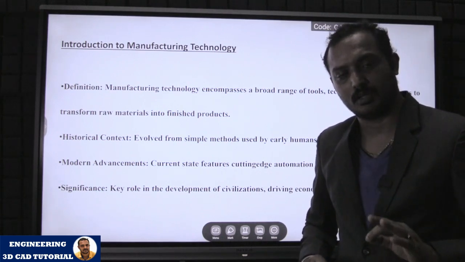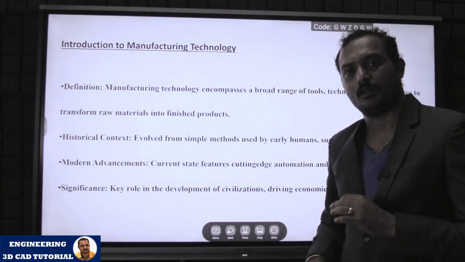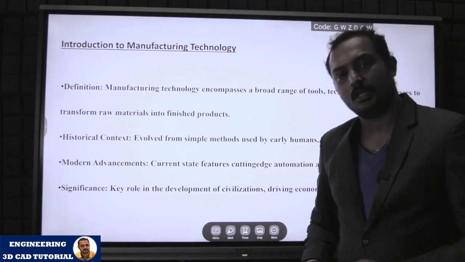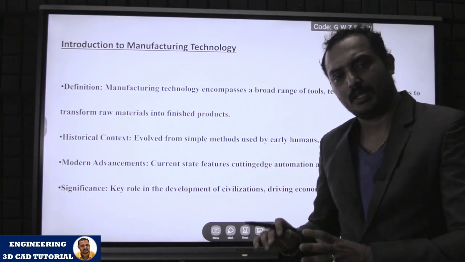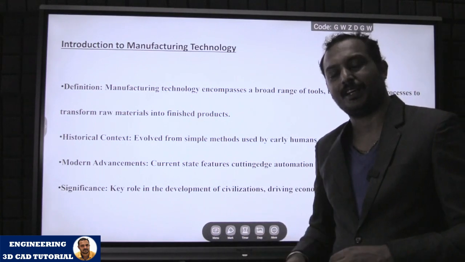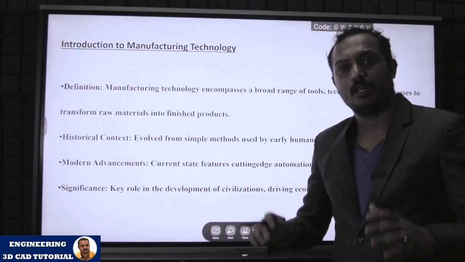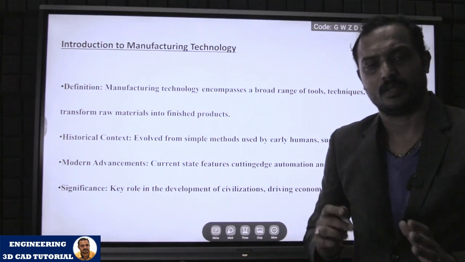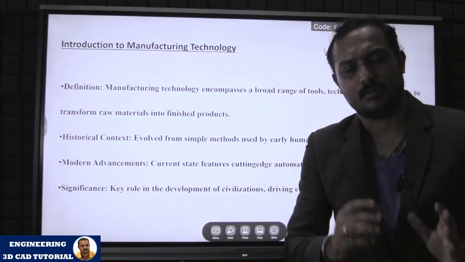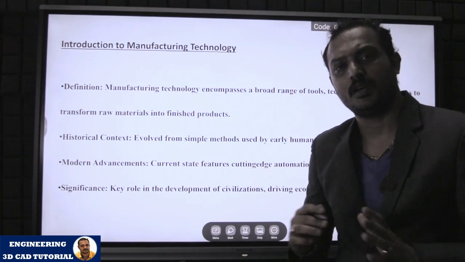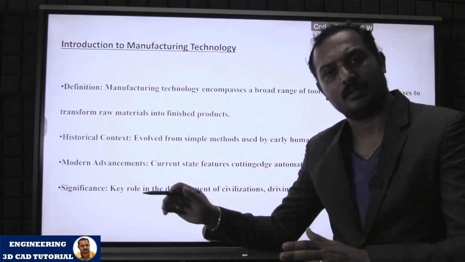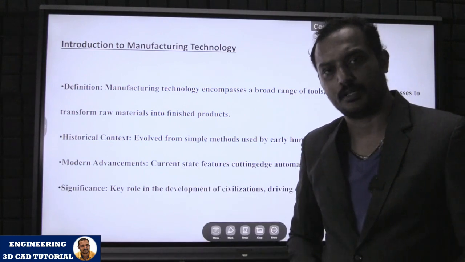For example, if you produce a single component or a single product by spending a whole day, like 8 working hours, then the cost of the product will be higher. And if in 8 hours you produce 10,000 components, the machine cost and the labor cost can be divided across the 10,000 components you produce.